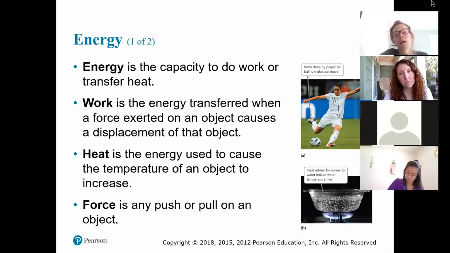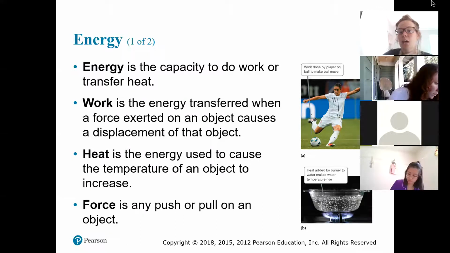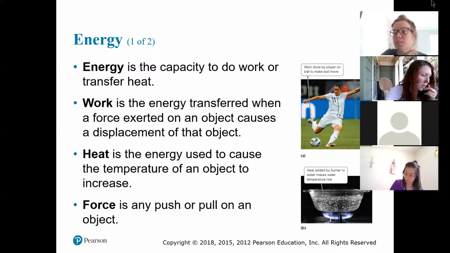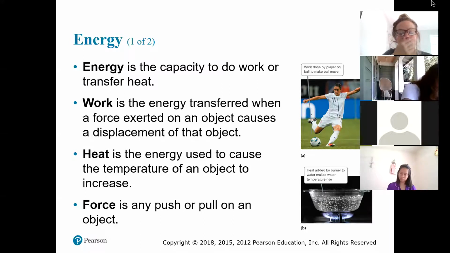So when we talk about the word energy, we're talking about the capacity to do work or transfer heat. And when I say work, I don't mean like going to a job, but a job is a form of the physics version of work. Work is the energy transferred when a force is exerted on an object, and it allows that object to be displaced, moved, changed.